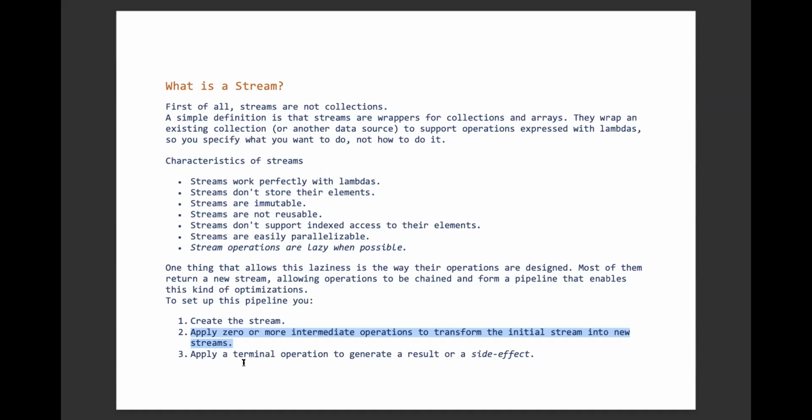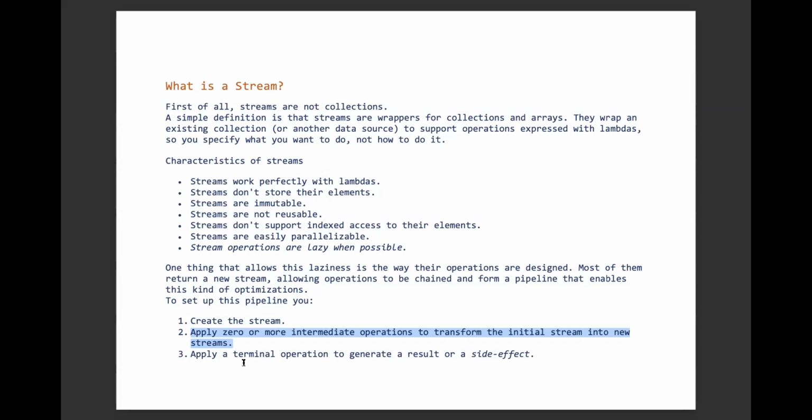A terminal operation either produces a final value or a side effect. By side effect, I mean, let's say you write the data to a file, you print them in the console, or as a result, you collect that computation data in a collection, array, or some variable if it is a single value, right?